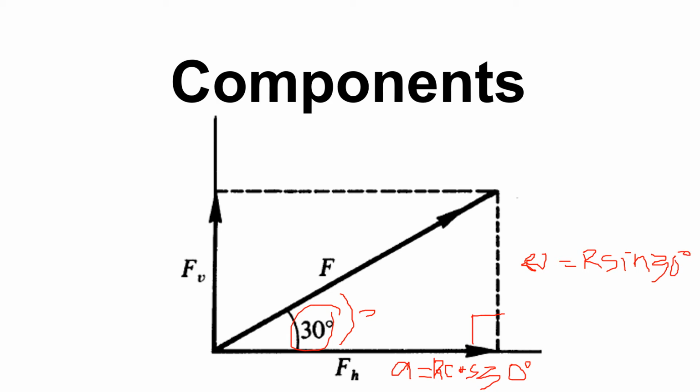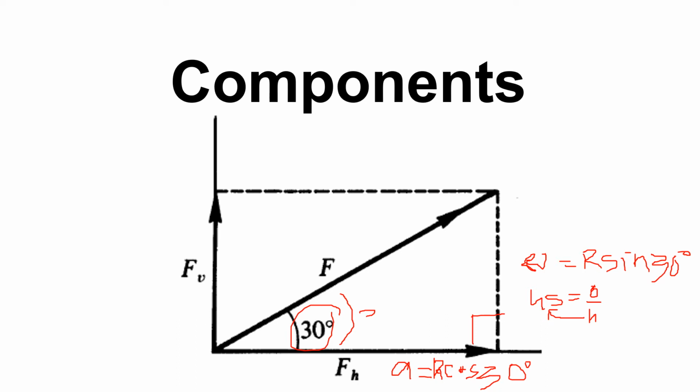Because sine of an angle is equal to the opposite over hypotenuse. You transpose the hypotenuse to the numerator of the other side of the equality to get the value of the opposite side.